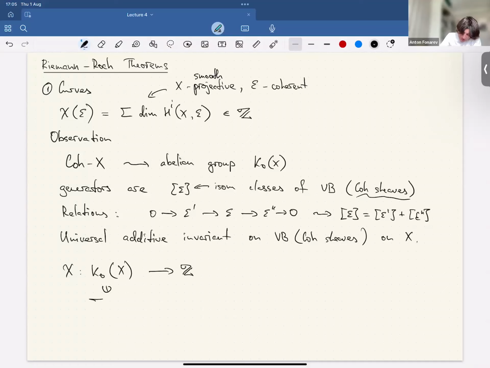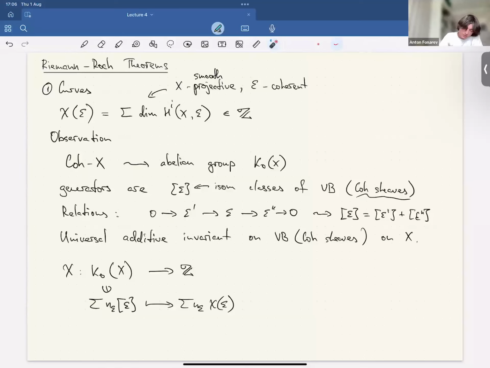Namely, what is an element in here? This is a sum of some generators, n_E times the class of E. And the coefficients may be negative, for instance, but this is sent to the sum of n_E times chi of E. And what are we using here? We're using the fact that to a short exact sequence of coherent sheaves or vector bundles, you have an associated long exact sequence of cohomology.